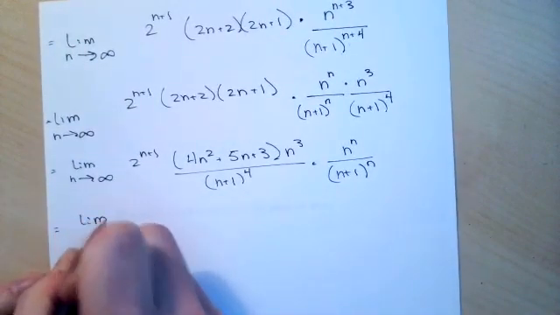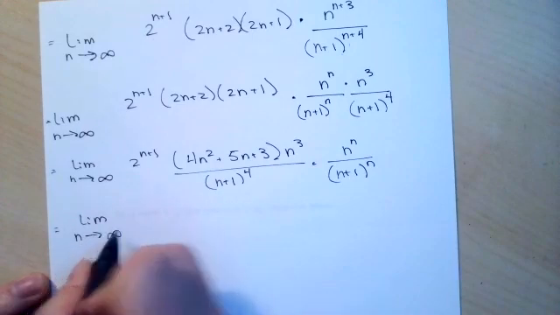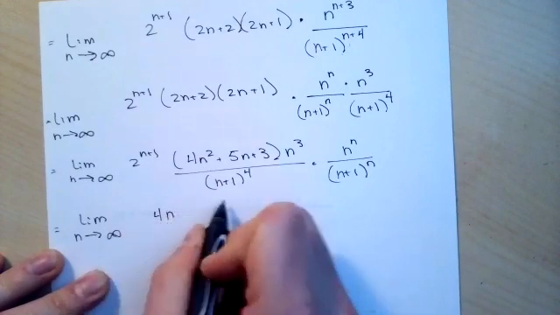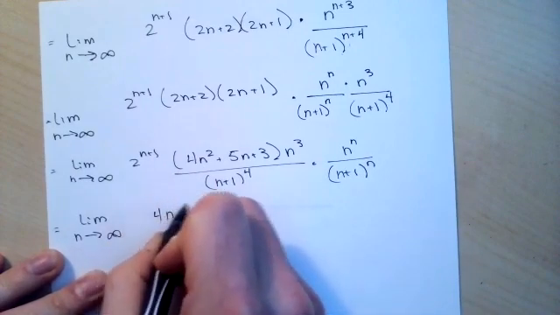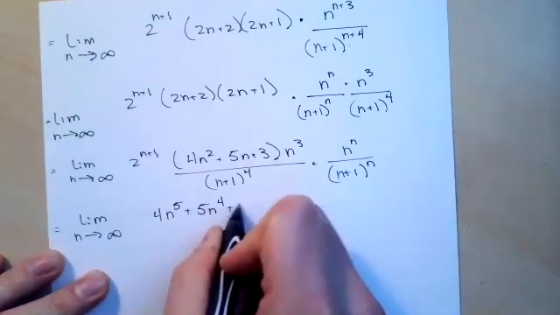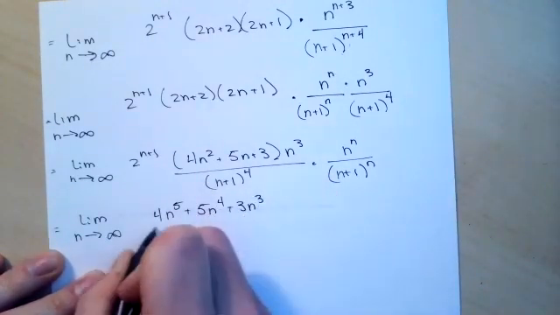When we multiply that out, we'll have 4n to the 5th plus 5n to the 4th plus 3n cubed.